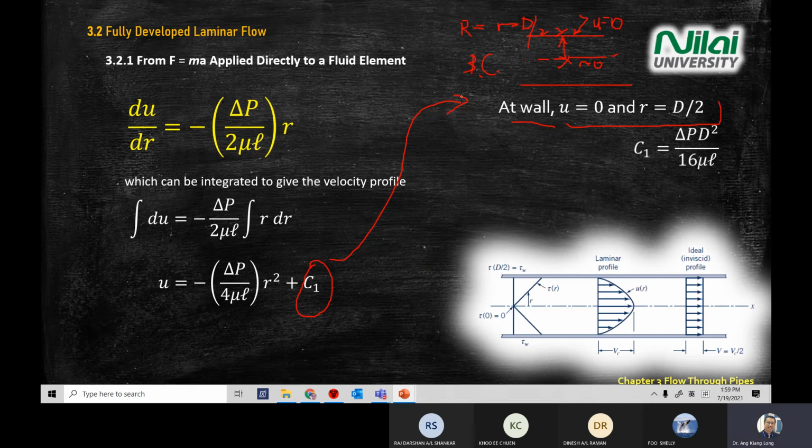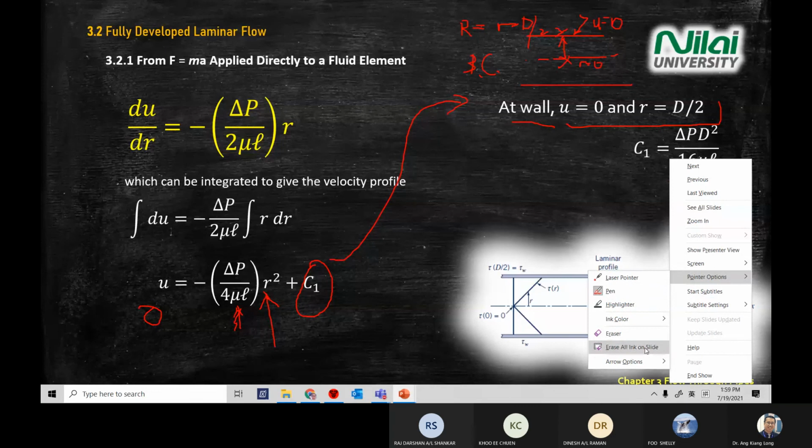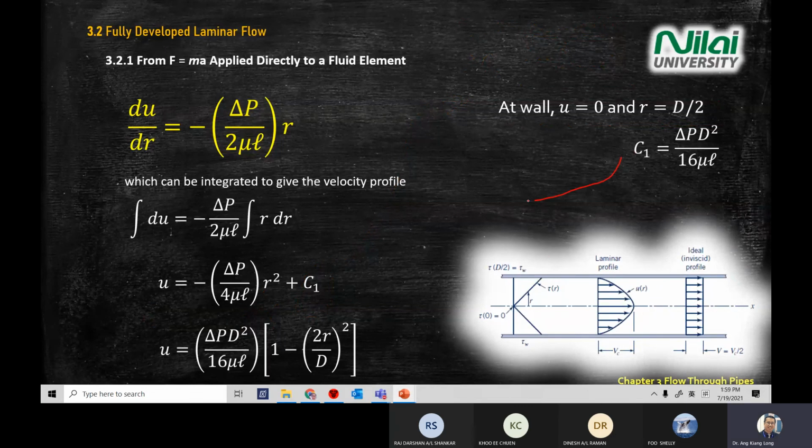You substitute inside here, replace all the values, U is U0, and R is D over 2. Rearrange, you get C1 equal to delta P over this one. Substitute back here. Rearrange the equation. You get this form.